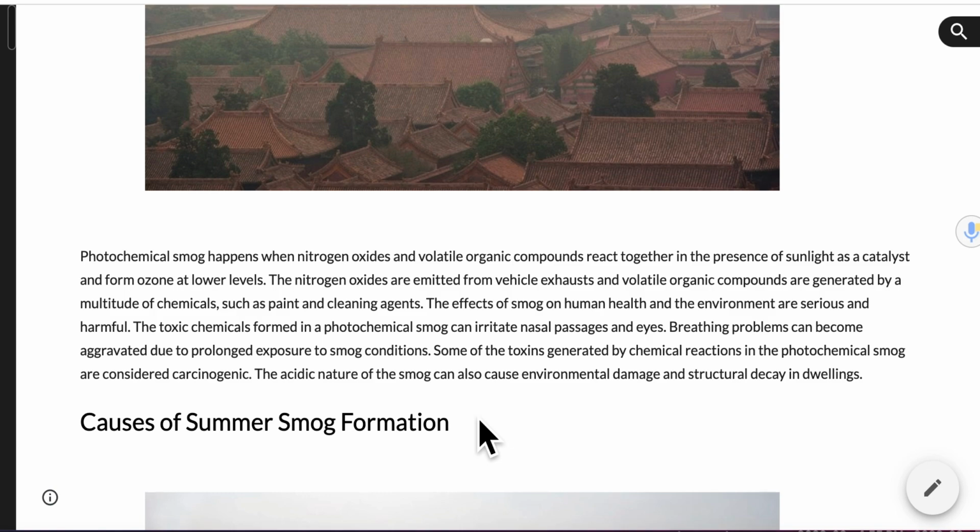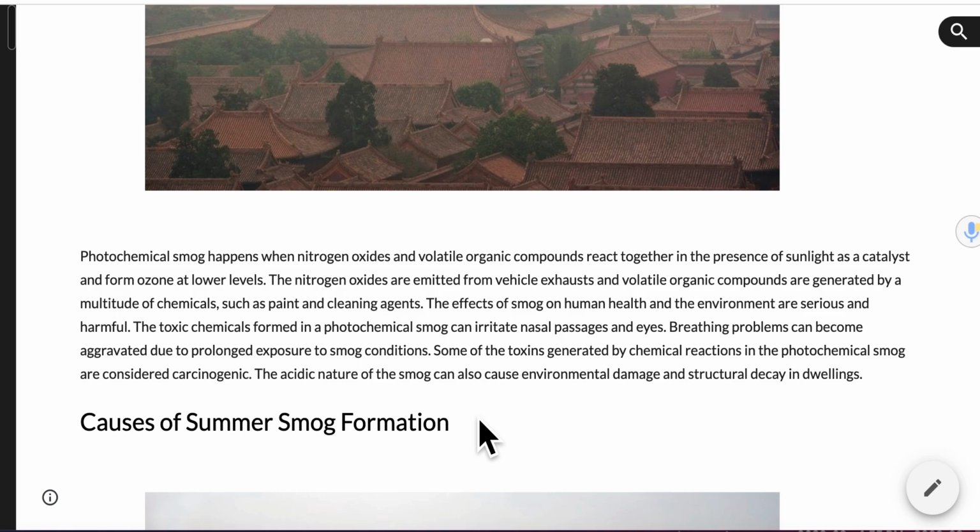So that oxygen starts whizzing around and will, under certain circumstances, recombine to make ozone. Ozone at low levels is not good. It is actually toxic and highly detrimental to human and animal health.